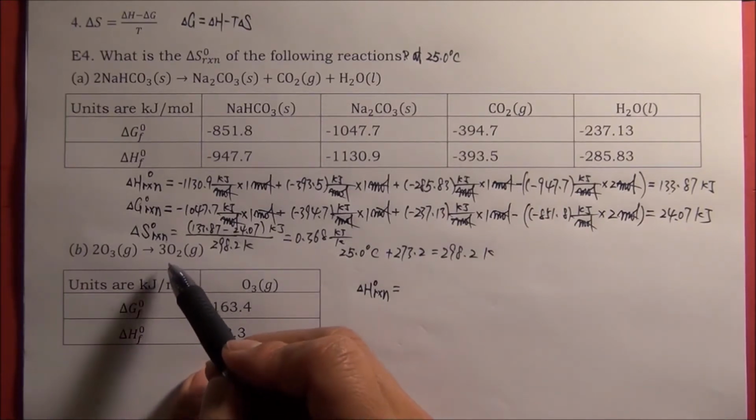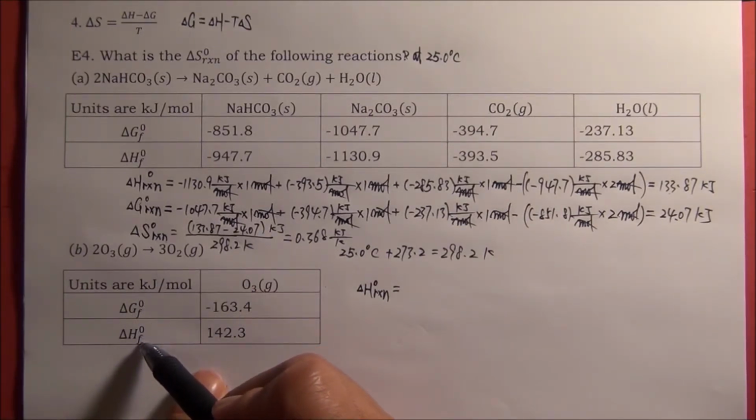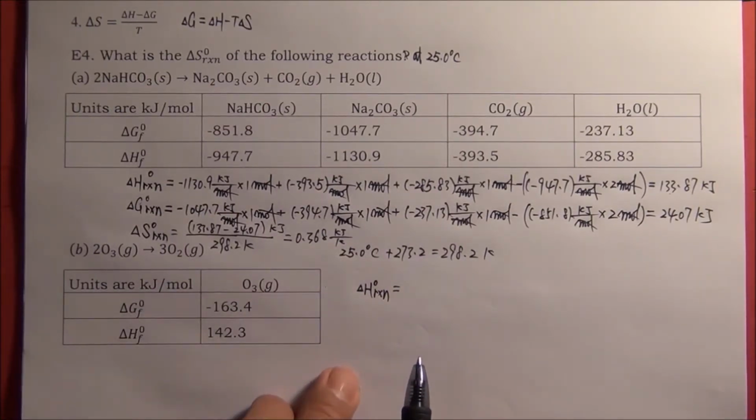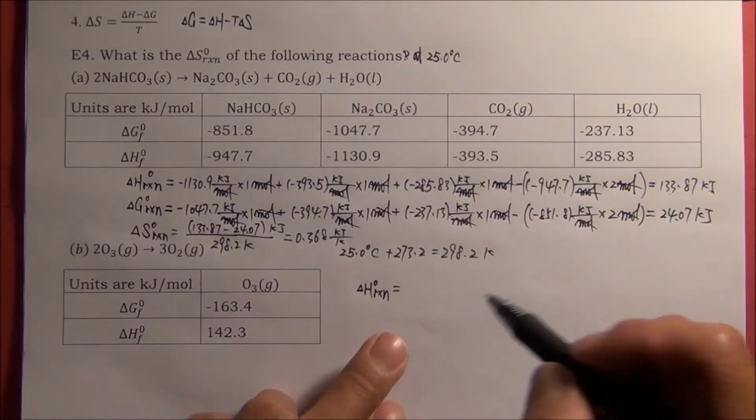We find that we do not have the standard enthalpy of formation of oxygen gas. But remember, for all the most stable elements, they have 0 standard enthalpy of formation.